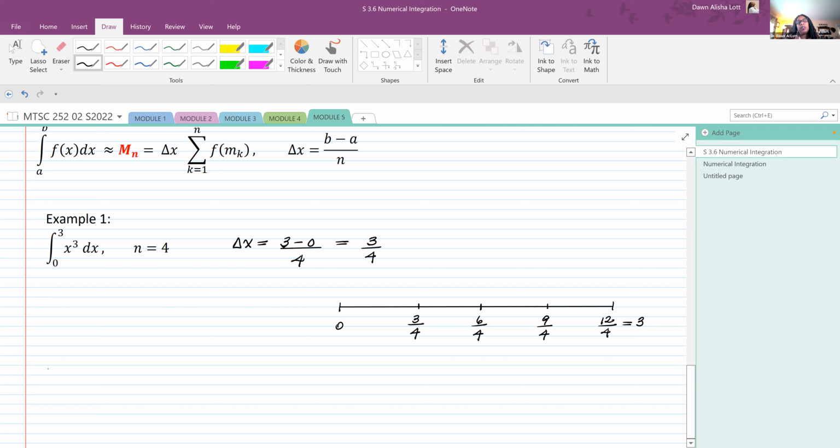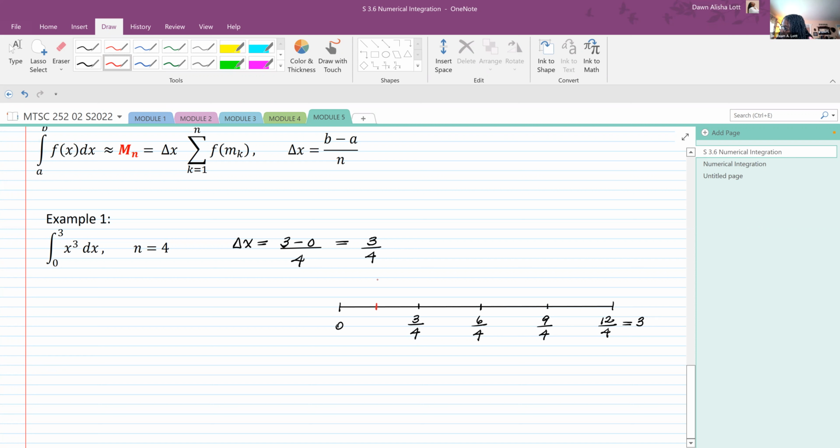And I like it when they all have the same denominator. It's going to make your arithmetic much easier. Okay, so now I need the midpoint. How do you find the midpoint? In order to find the midpoint, you take the two endpoints, add them together, and divide by 2. So I get 0 plus 3/4 is 3/4 divided by 2.